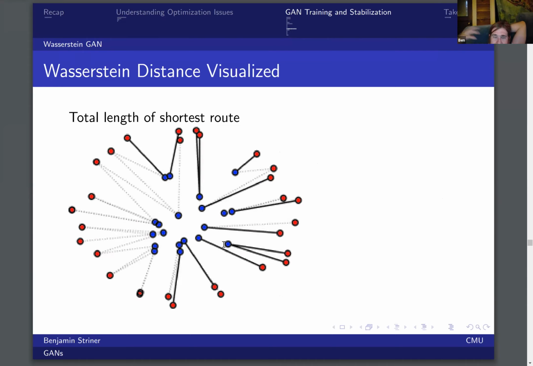The Wasserstein distance between red and blue would be the total sum of how far each red point needs to move to get to, not the closest one, but the one where it needs to line up. So if all of the red points were on top of all the blue points and the distributions were exactly the same, how far would you have to have moved each of the red points? And that is your Wasserstein distance.